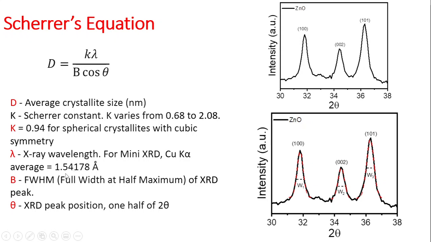As I mentioned before, the wavelength is 1.54 angstroms, and beta is something called full width half maximum. I'll be showing how to get this full width half maximum by doing some fitting in OriginPro. And theta is the half angle. We have 2 theta here, so we have a cos of theta. And by the way, when we are calculating the crystallite size, we need to convert beta and theta, which are in degrees, to radians.